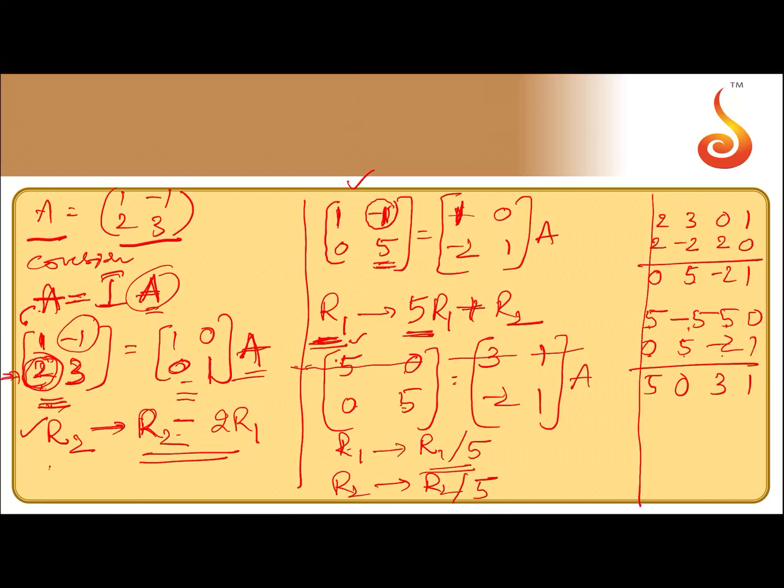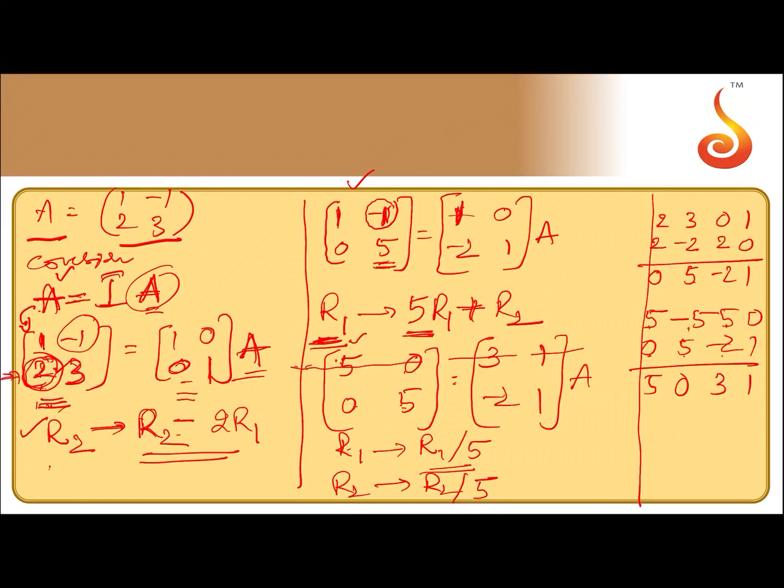Concentrate on converting this. You need to convert it into the unit matrix by applying row transformations only. So while applying the row transformations, you have to make this number 0 first.